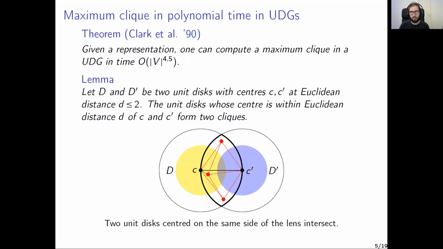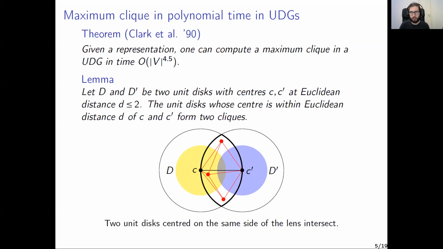So in particular, it means that those two unit disks intersect. Then we consider the set of unit disks whose center is within Euclidean distance d of c and c prime. So if you want a geometric representation, it means that we are looking at the set of unit disks whose center is inside this lens here. And then the claim is that it is possible to partition those unit disks into two cliques.